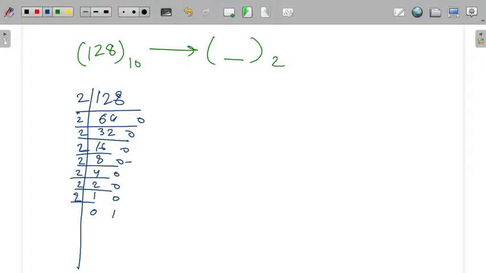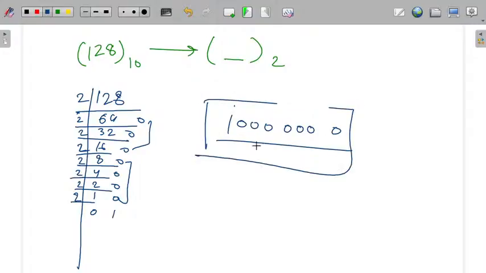So here 4 plus 3, that means 1 0 0 0 0 0 0 0. So those who have said 1 followed by 7 zeros, their answer is correct.